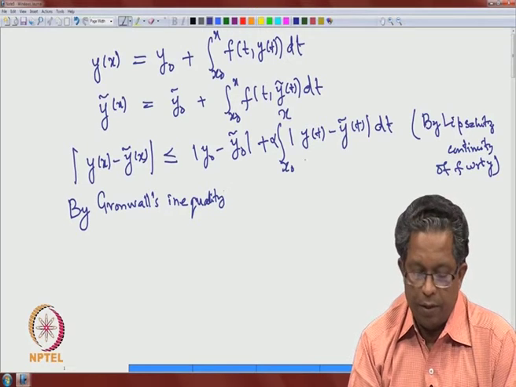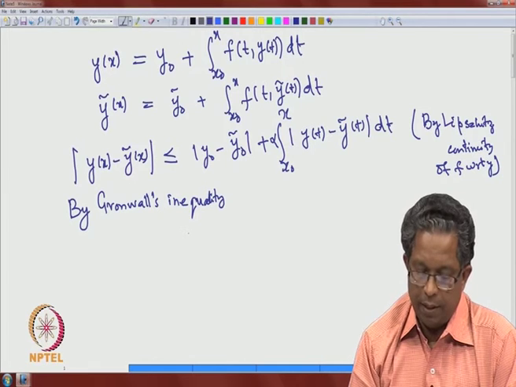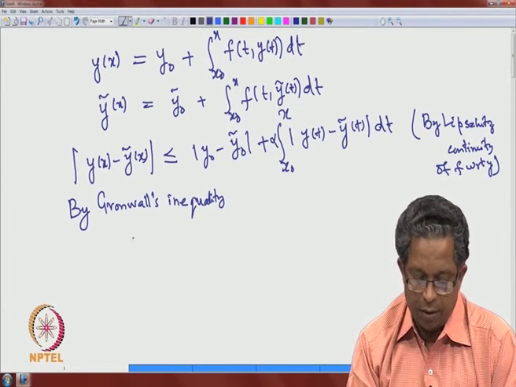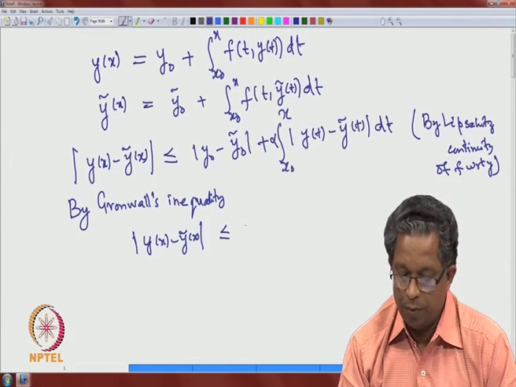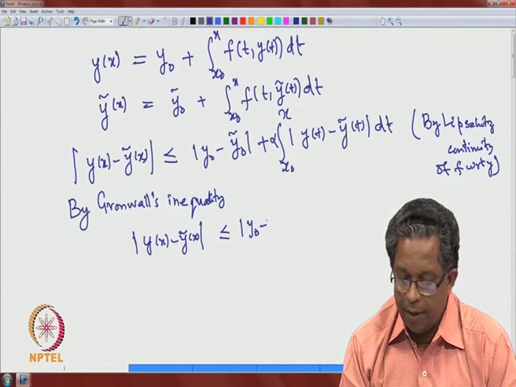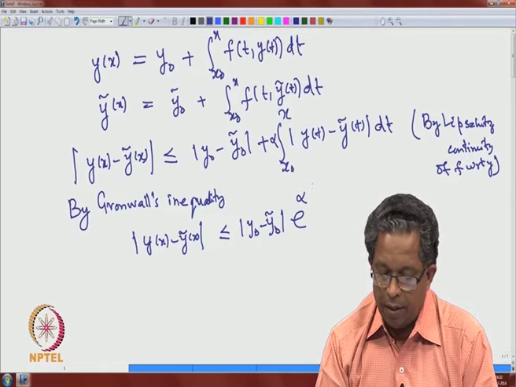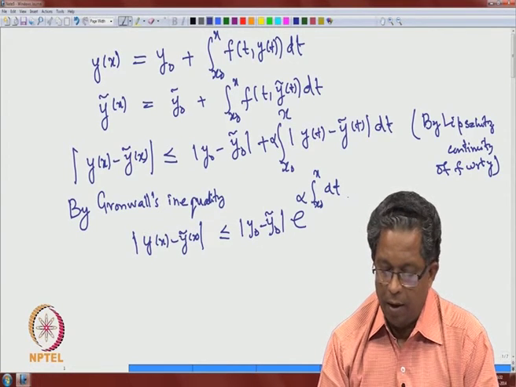we can see that on the left hand side and right hand side both you have y of x minus y tilde of x. So, that can be bounded by another function on one side: the absolute value of y of x minus y tilde of x is less than or equal to the absolute value of y0 minus y0 tilde times exponential alpha times integral x0 to x dt, and this can be bounded.